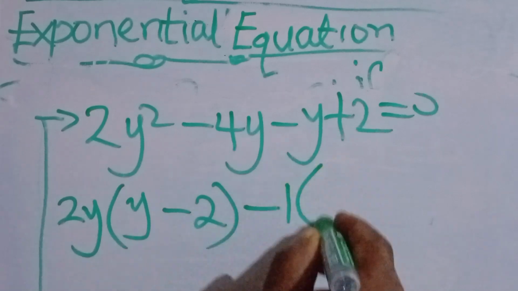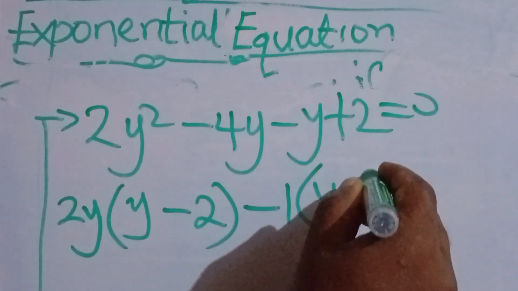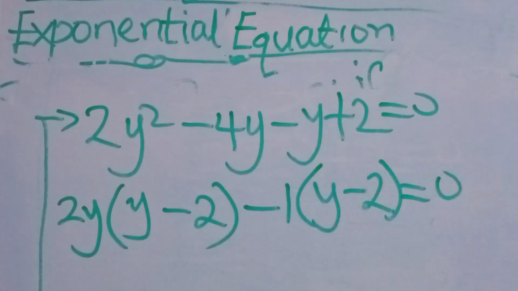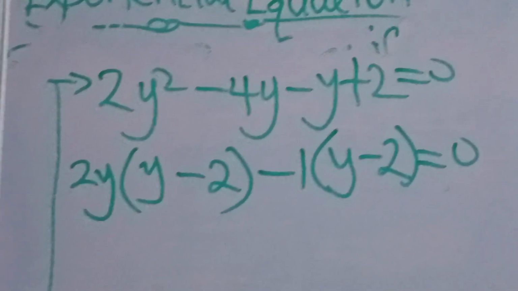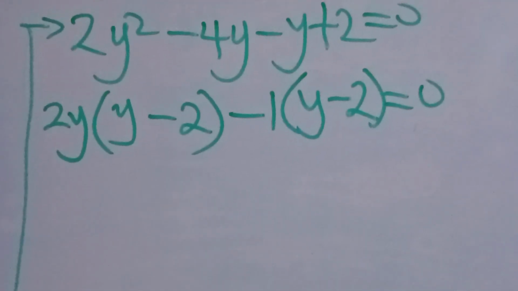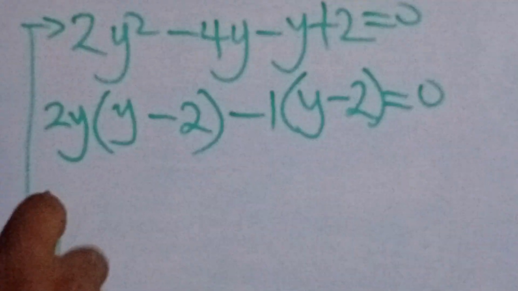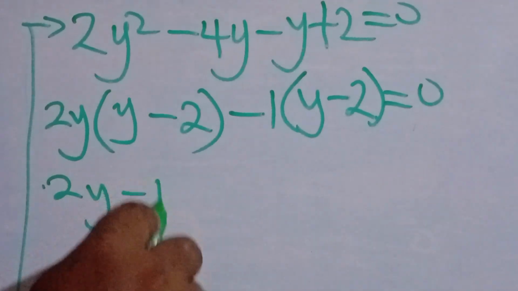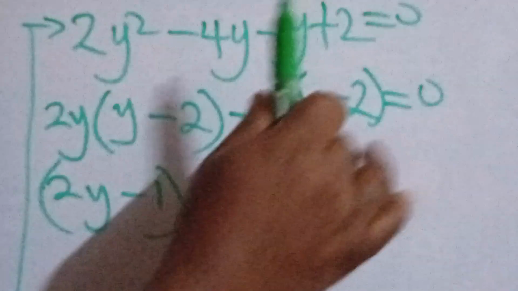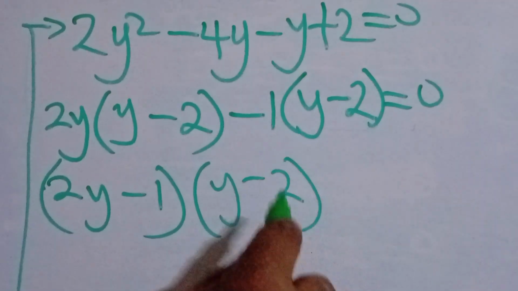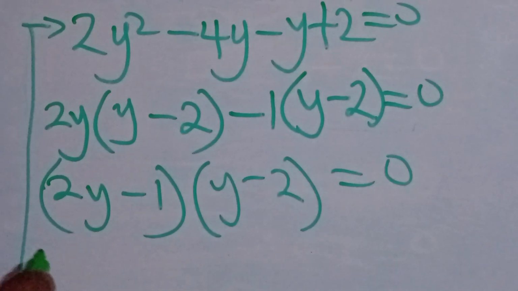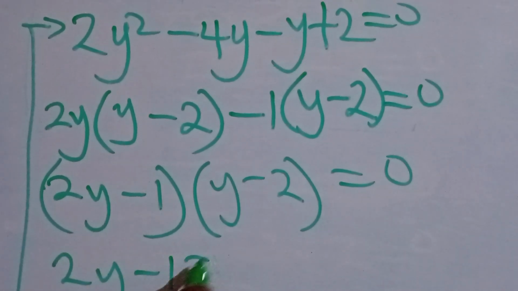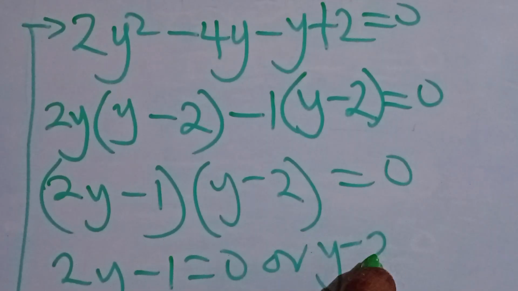Minus 1(y minus 2) equals 0. This and this together will be (2y minus 1), close bracket. We pick 1 out of this, that is (y minus 2) equals 0. So we can say 2y minus 1 equals 0 or y minus 2 equals 0.